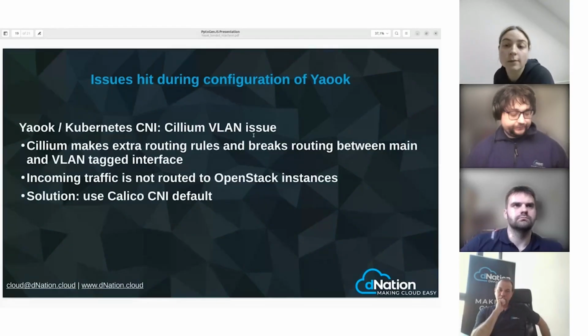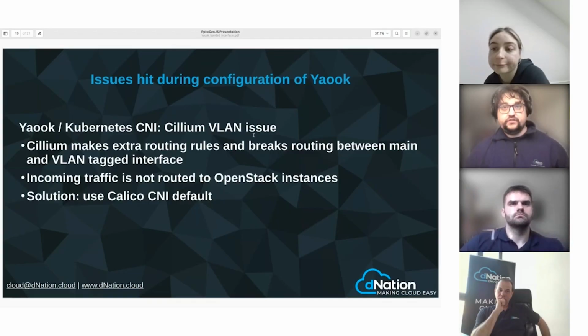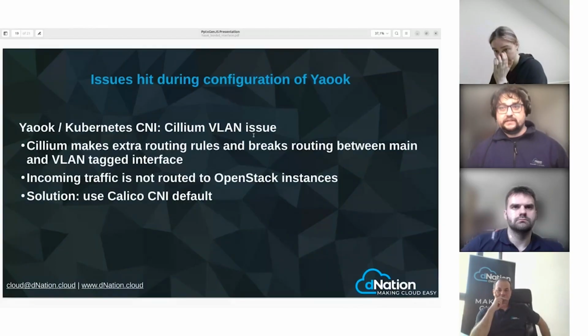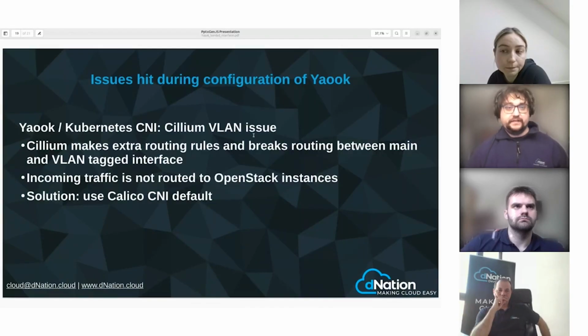And we hit an issue with our provider network: incoming traffic was not routed to OpenStack instances. This was because the provider network ran on a separate VLAN, and Cilium made some extra routing rules, and it broke the routing between the main interface and the VLAN interface.